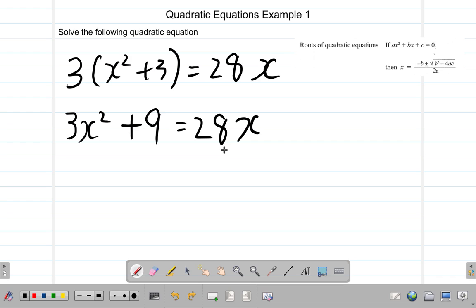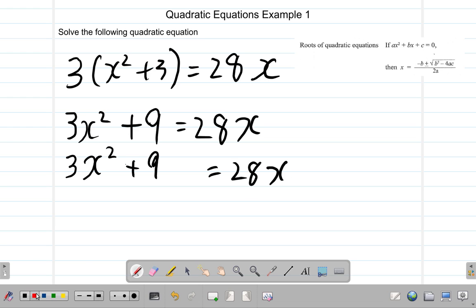So here now, this is what you do. Subtract 28x from both sides, because you want it in the form ax squared, a number times x squared, plus bx, which is another number, plus c equals 0. So remember now, the arithmetic behind that, you have 3x squared plus 9 equals 28x.